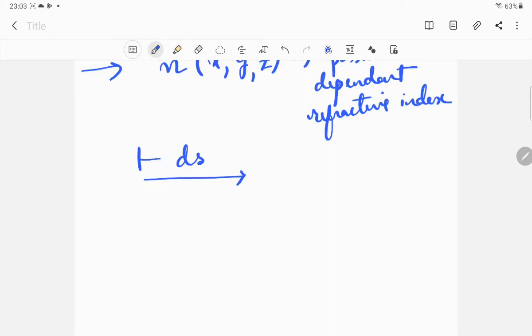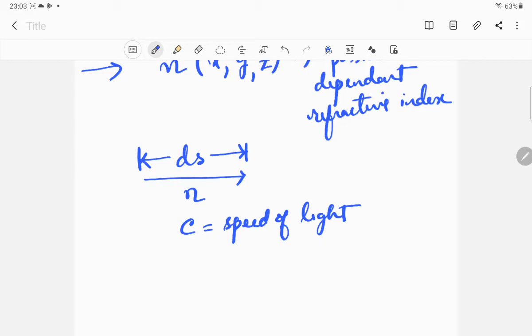Now let us consider that a ray of light is passing through a distance ds, and it is going through a refractive index n. It is moving with a velocity c, where c is the speed of light.